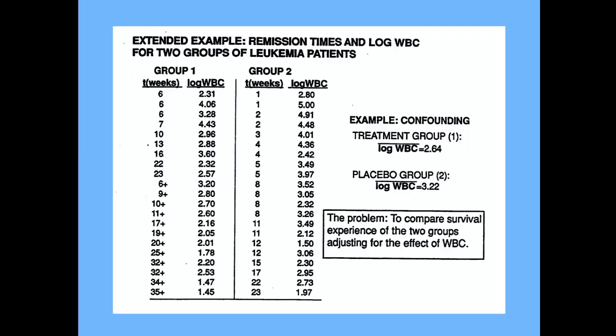How do we control for variables? Well, one way is we stratify. We could look at a high log white blood cell count and a low log white blood cell count and compare the 2 groups for different strata. Or we can use a model where log white blood cell count is a variable in the model.